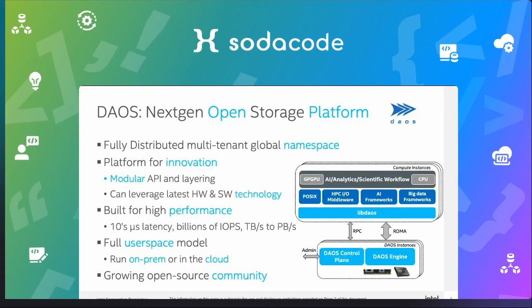It can leverage the latest hardware technology like persistent memory, Intel QAT, InfiniBand, high-performance Ethernet, zero-copy I/O to and from GPU, DSA, and also the latest software technology like LibFabric, UCX, SPDK, or ISA-L.